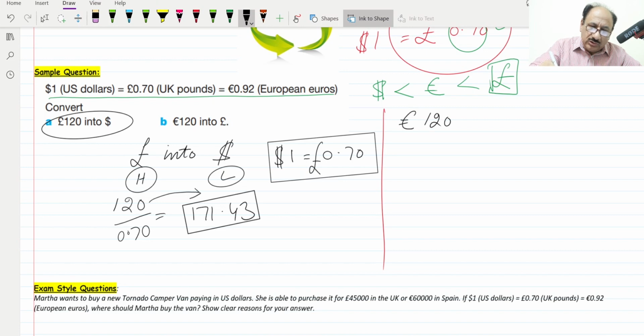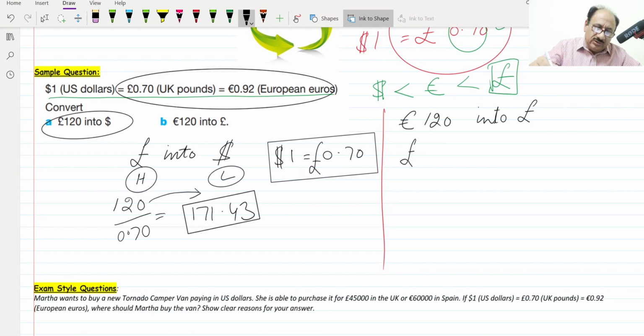Now the second thing, B part, is basically 120 euros into pound, we have to convert euros into pound. Now this is a little tricky. This conversion ratio is given. If we use this portion of the conversion, 0.70 pound is equal to 0.92 euros.